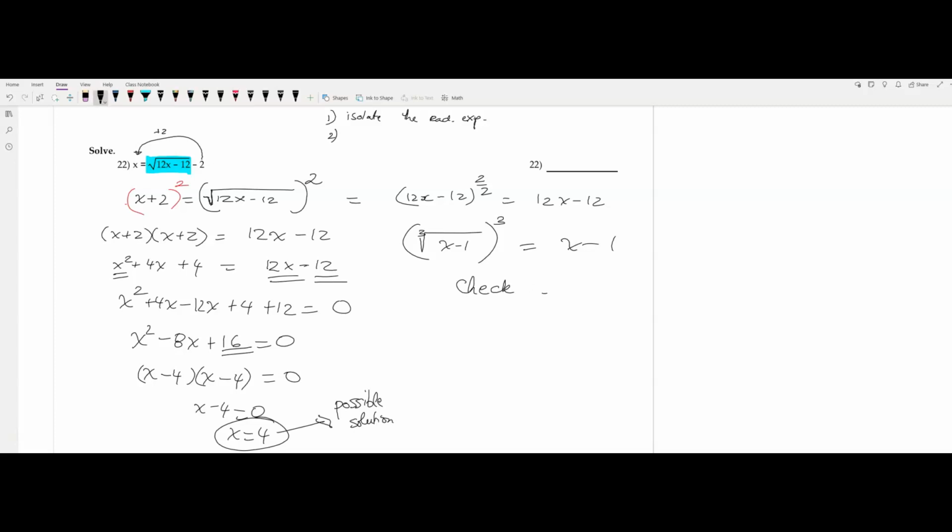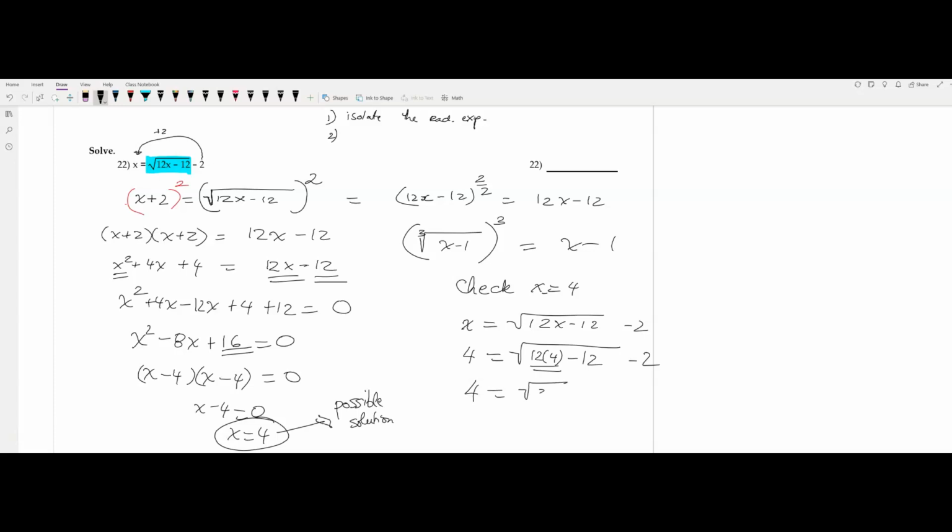So check when x is equal to 4. Here we have x equal to square root of 12x minus 12 and then minus 2, right? So let's see if it's going to pan out. We say that x is equal to 4. So 4 equal to square root of 12 times 4 minus 12 and then on the outside minus 2. So let's see if 4 is going to be equal to 4 here. So 12 times 4 is 48. 48 minus 12 is 36.